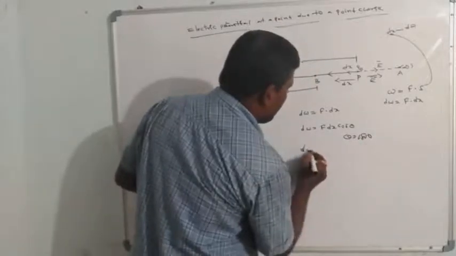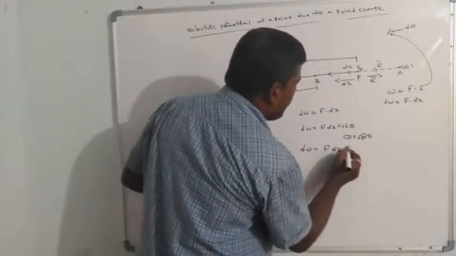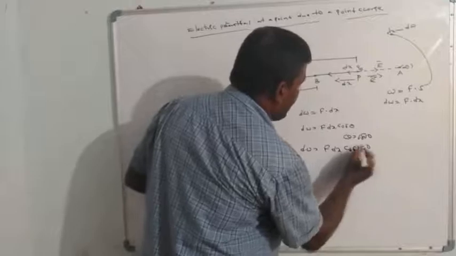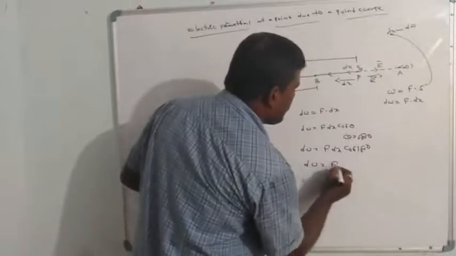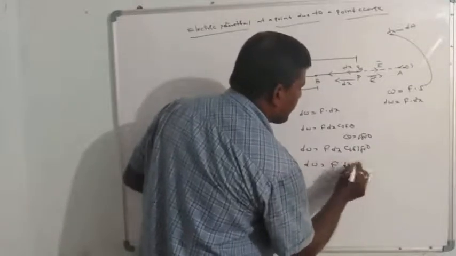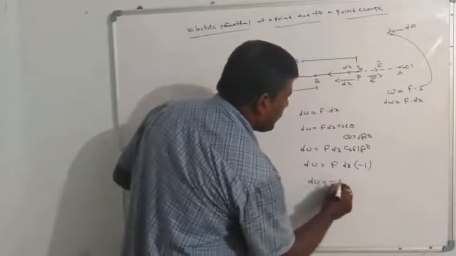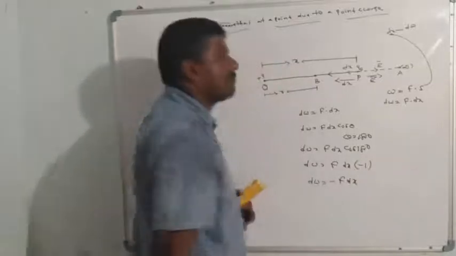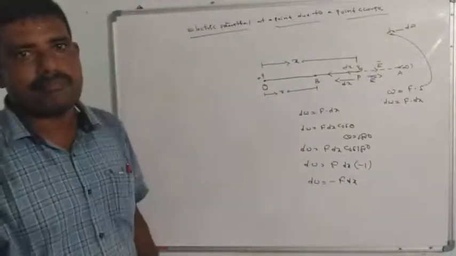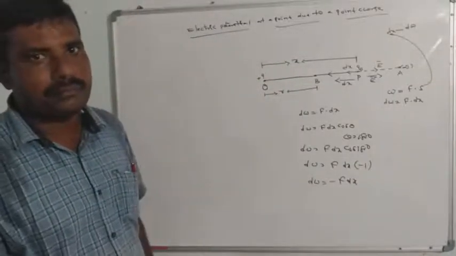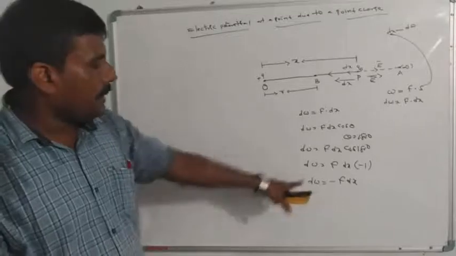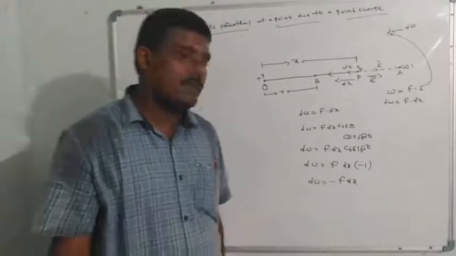So dw equals F dx cos 180, and cos 180 is minus 1. That means dw equals minus F dx.